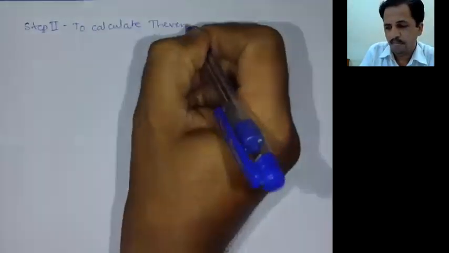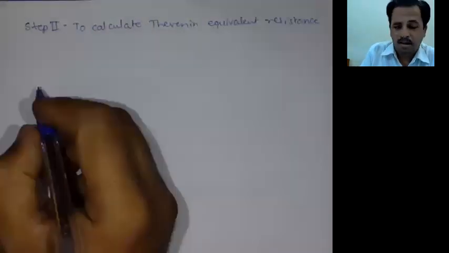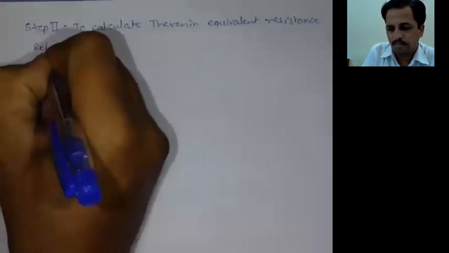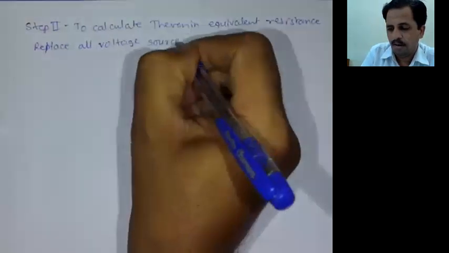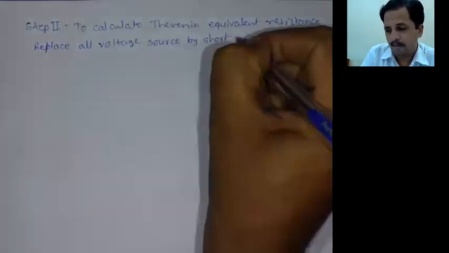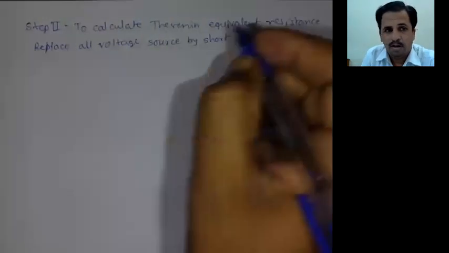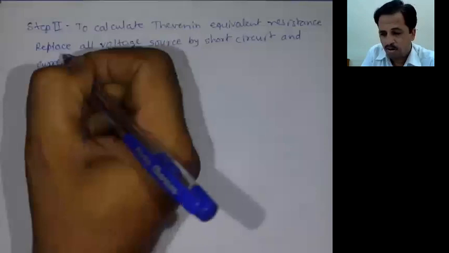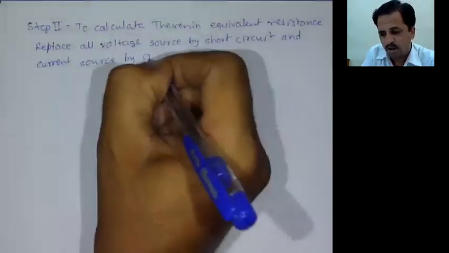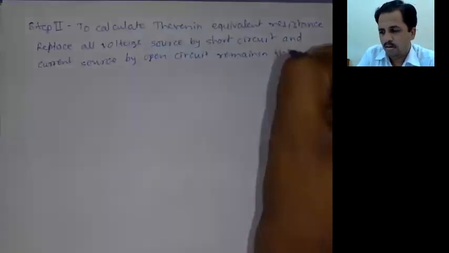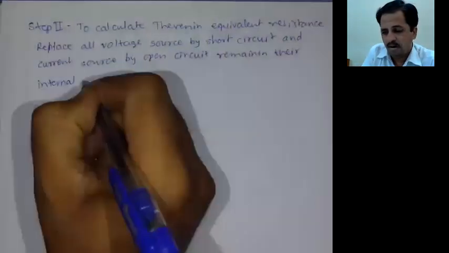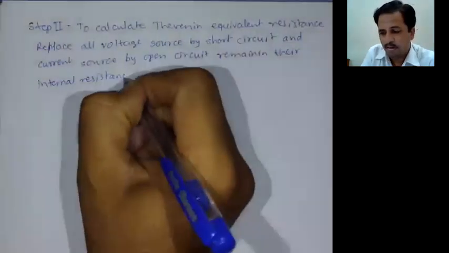To calculate Thevenin equivalent resistance, replace all voltage sources by short circuit and current sources by open circuit, retaining their internal resistance, if any.